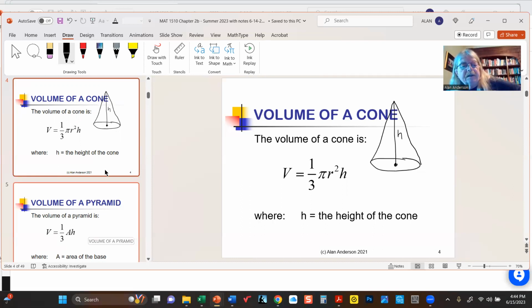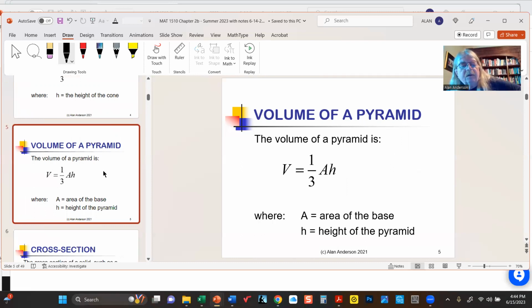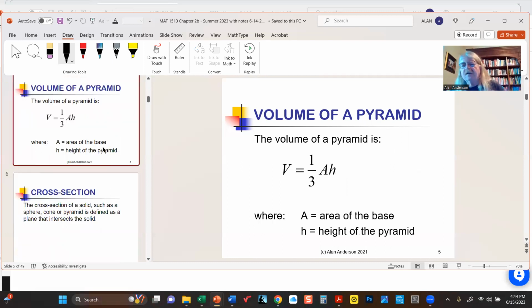Now the pyramid, that's a tricky one. I have some graphs in there that I copied out of the book because I couldn't possibly draw them. But what's different here is that the base is a square. That's what really separates it from the cone. And so you're going to have a height, just like the cone.